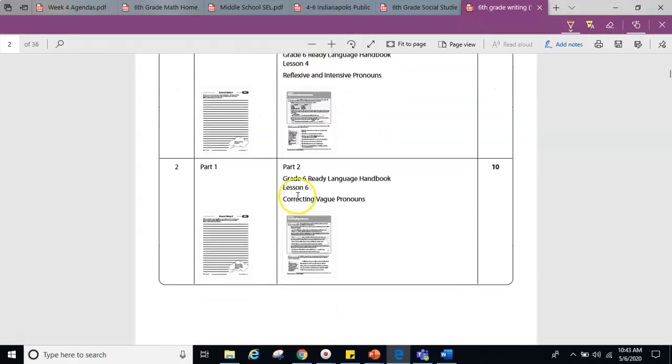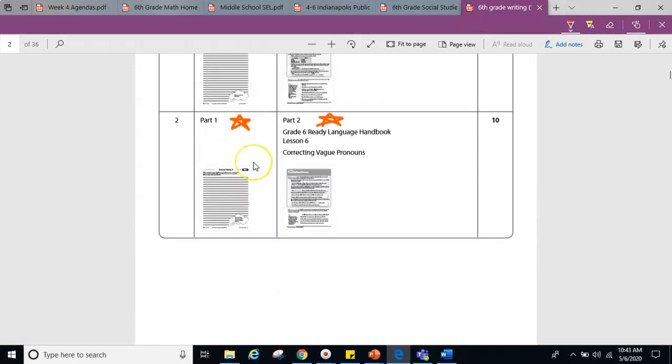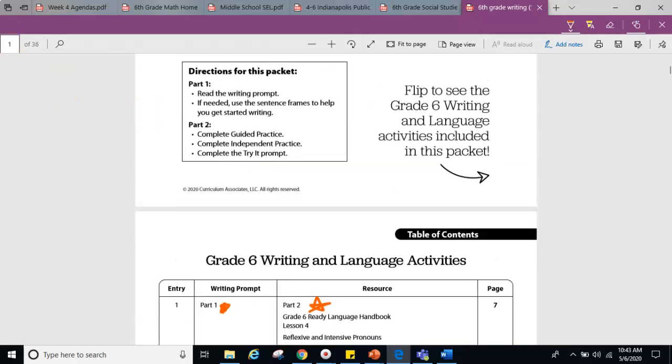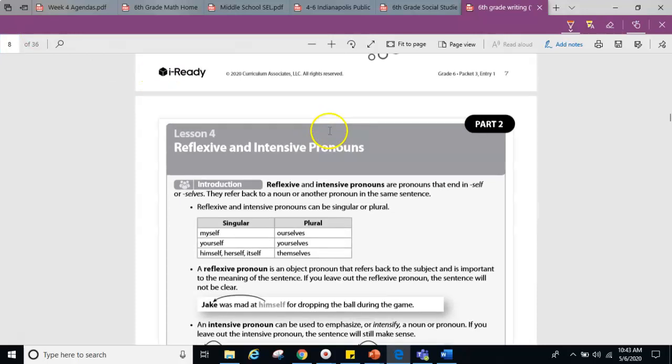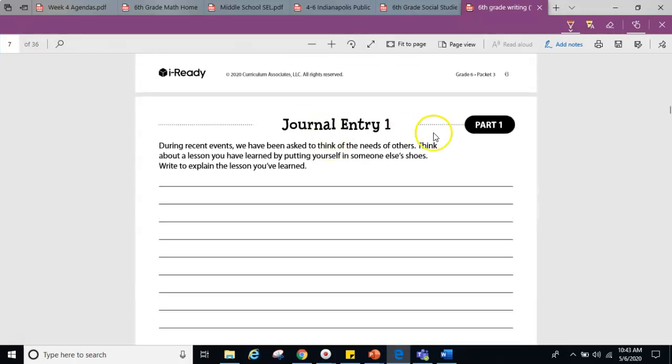We're going to go to part 1 of entry 2 and entry 2, part 2. So the first 2 entries is what we are doing. All right, your first one is a journal entry.